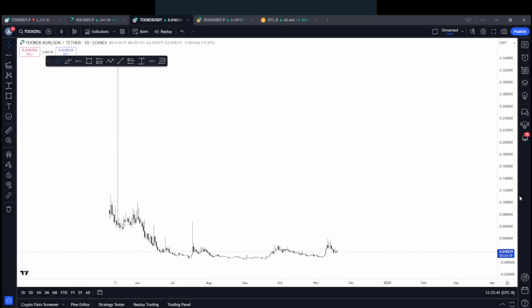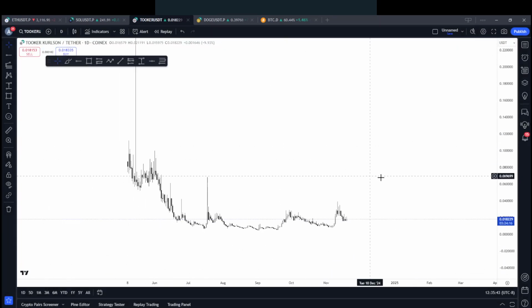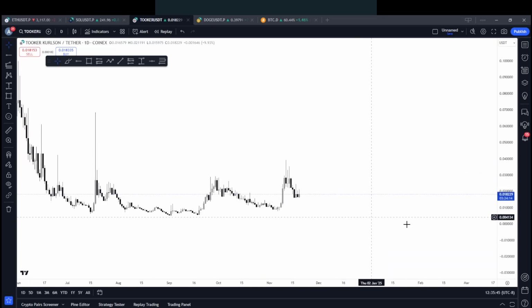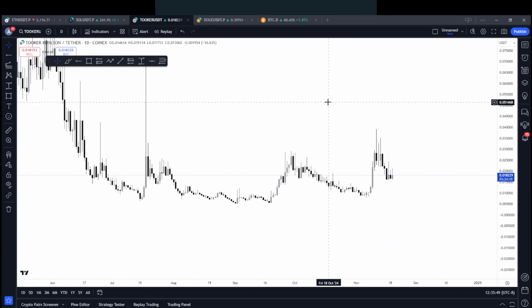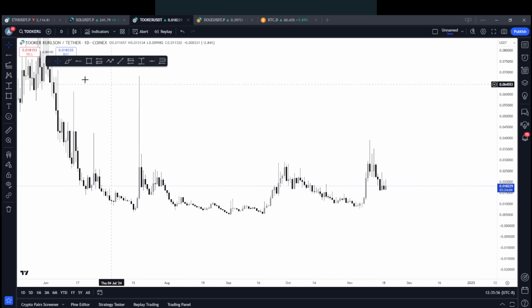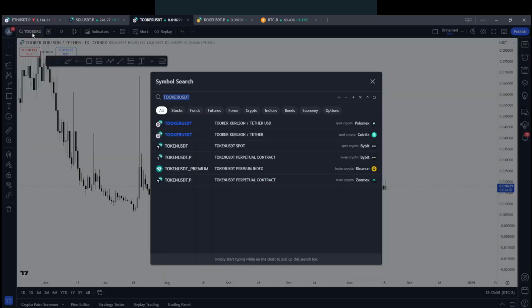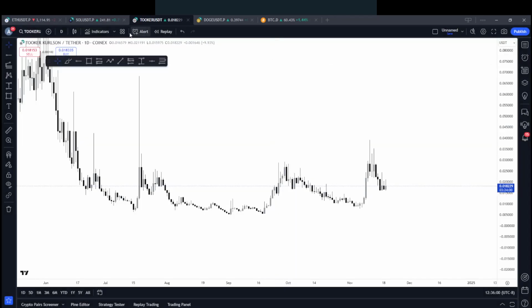Fuck Tucker Carlson. All right. I really can't do TA when coins look like needles like this. Yeah, I really can't do TA on this, because it's not playing to TA here.